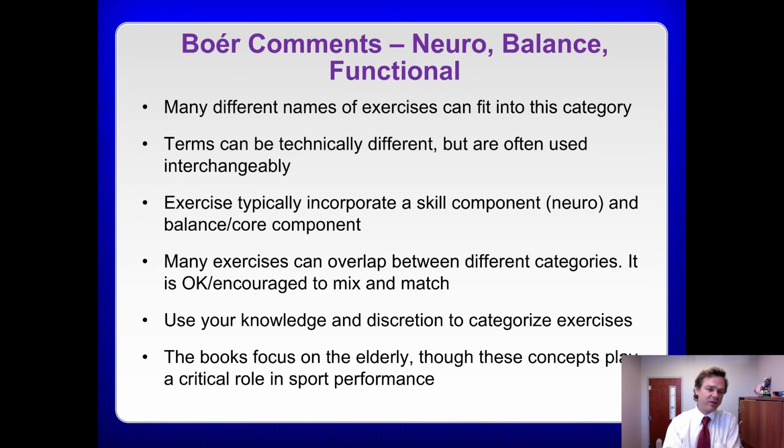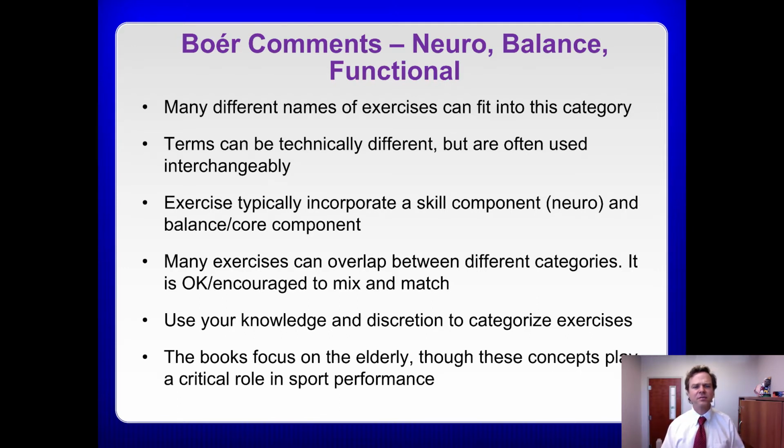So think about it: does it include a balance component or not? Something like a bench press doesn't really include that much of a balance component. A bicep curl does not include that much of a balance component, as opposed to the powerlifting exercises, squats, lunges.